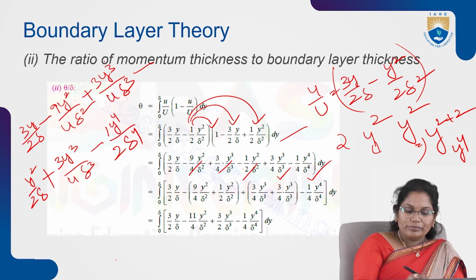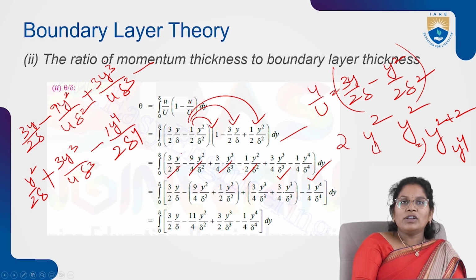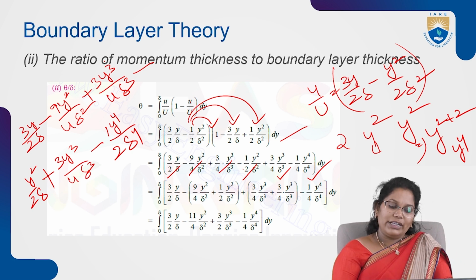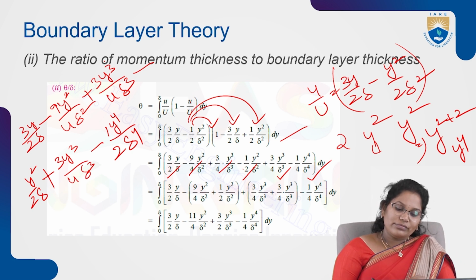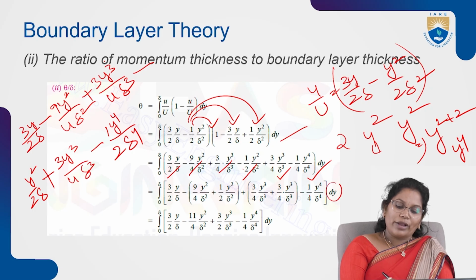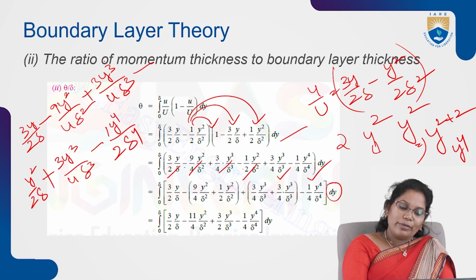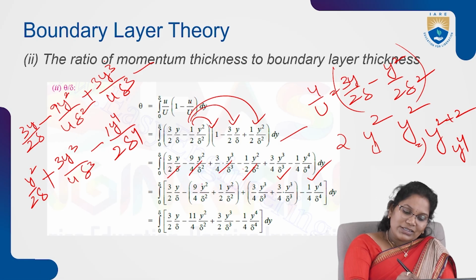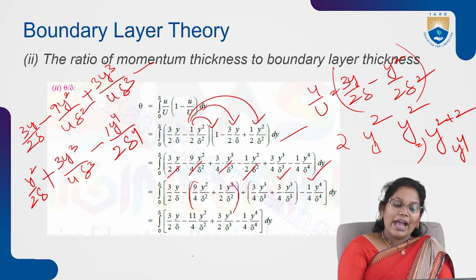Right? Now we have to integrate this with respect to y. So 3 by 2 is a constant, y by delta. Before that, y square and delta square, y square by delta square, we are taking as the same.